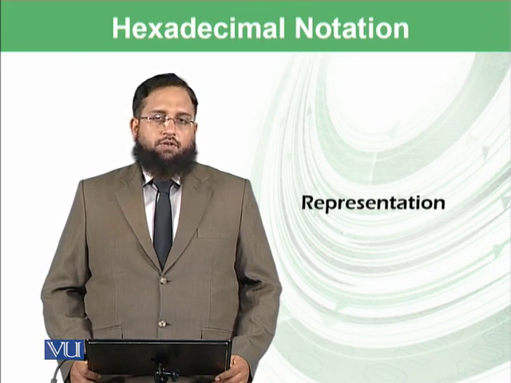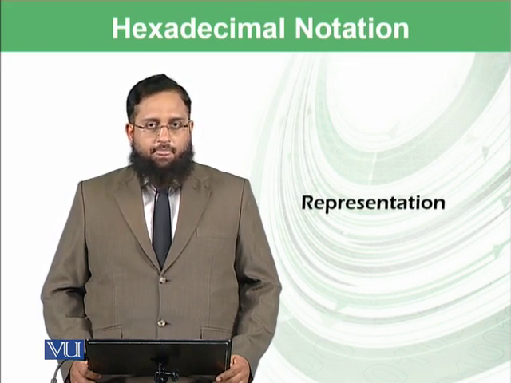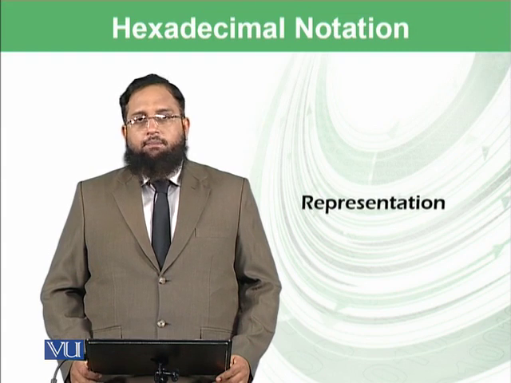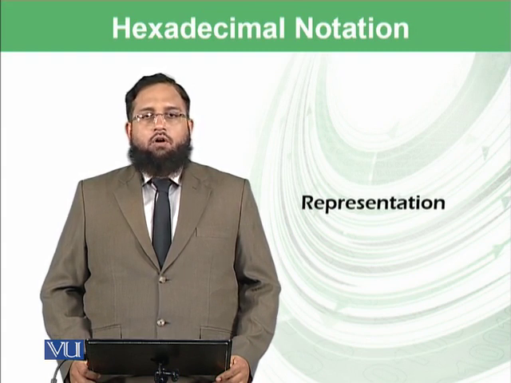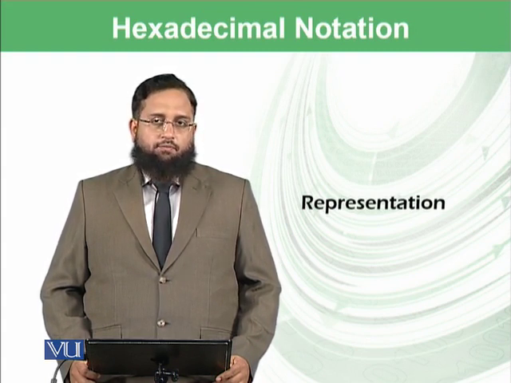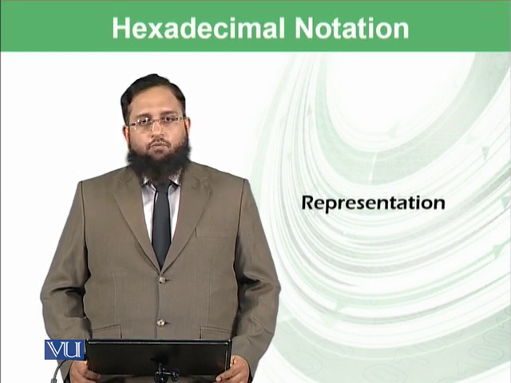sometimes very large. For example, we have seen in the previous modules that when you are going to store A as a binary number, then it is translated to 65, and that 65 has a large binary number which is 01000001.